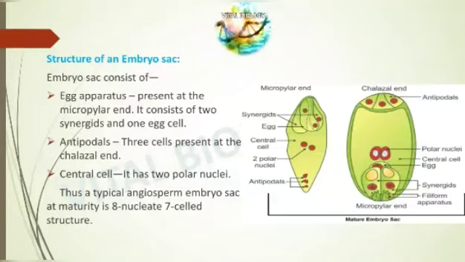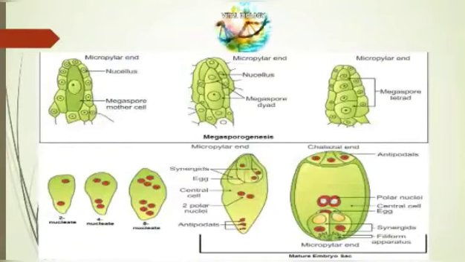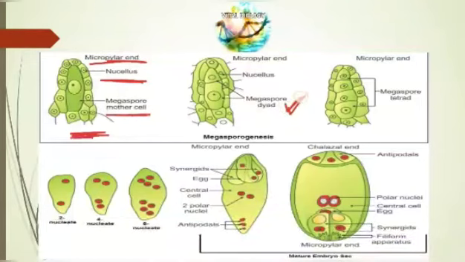Finally I'll show you the total diagram. As you saw, there is the micropylar end, and on this side the chalazal end, the chalazal pole, and the nucleus and the megaspore mother cell, and then the formation of the megaspore dyad, right? Next the megaspore tetrad, and next the nucleus divides into 2 nuclei, then 4 nucleate, then the 8 nucleate stage.